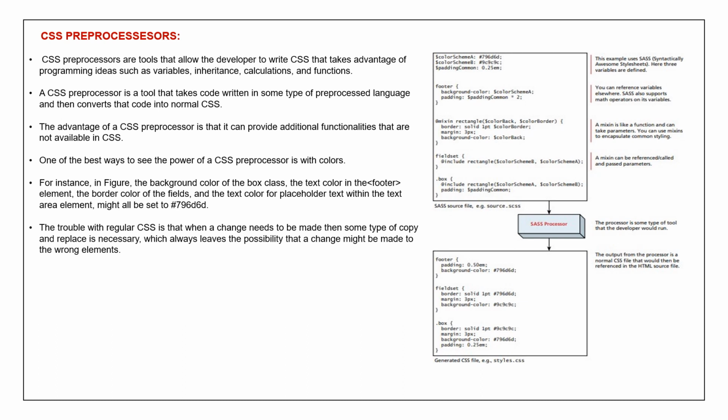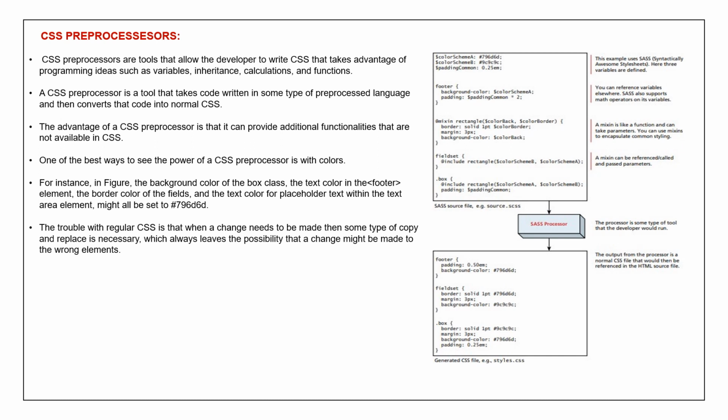The trouble with regular CSS is that when a change needs to be made, some type of copy and replace is necessary, which always leaves the possibility that a change might be made to the wrong element.